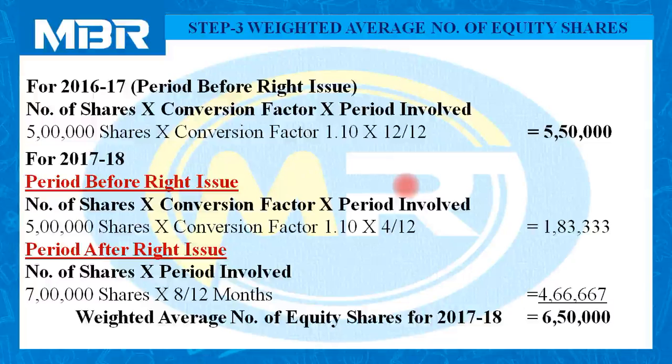For the year 2017-18, this calculation is playing an important role. During 2017-18, we have both types of period, a period before right issue and a period after right issue. Period before right issue is from 1st April 2017 to July 31st 2017. So April, May, June and July, a period of 4 months.